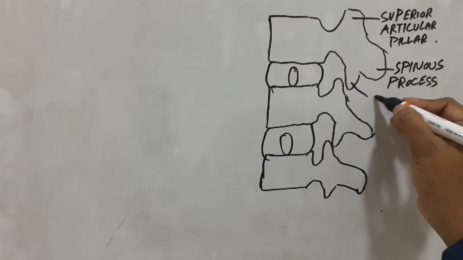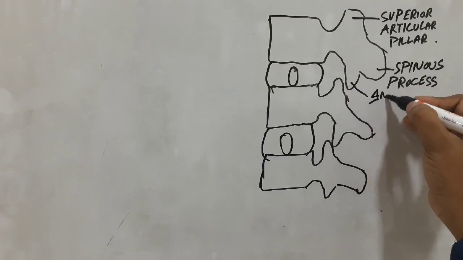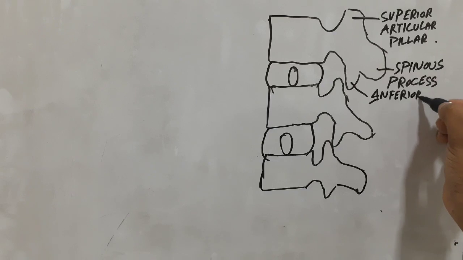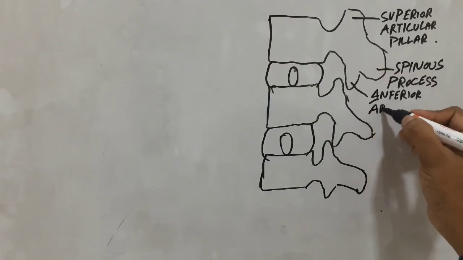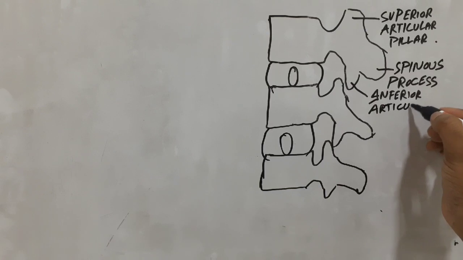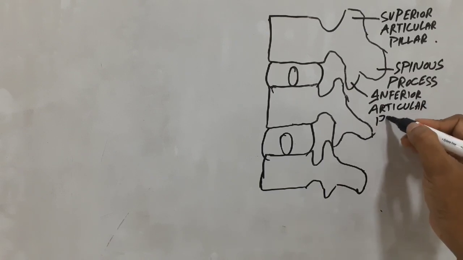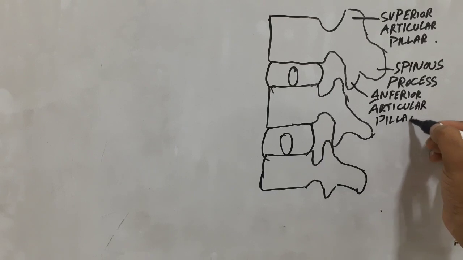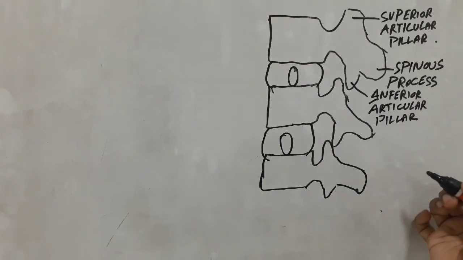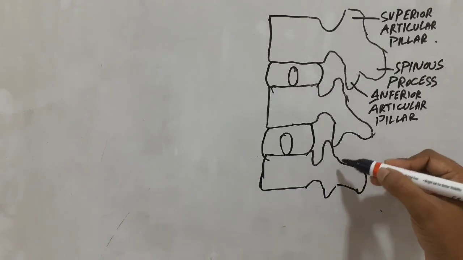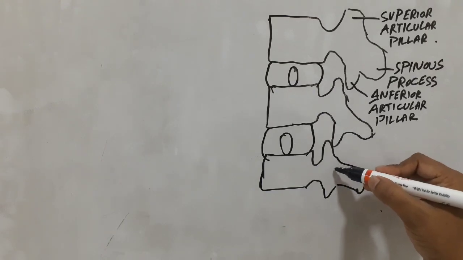This is inferior articular pillar. Lamina will not be so clear, but yeah, this is lamina.